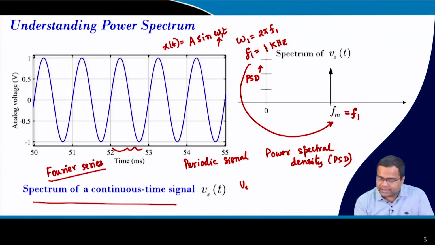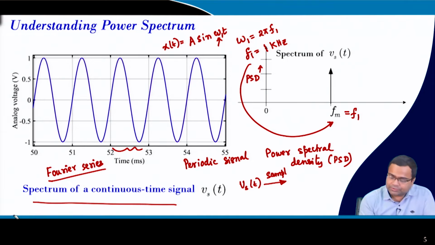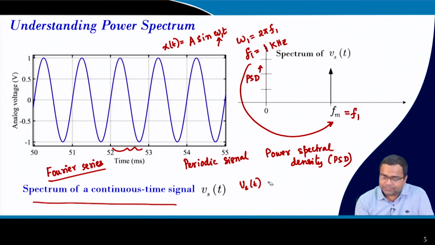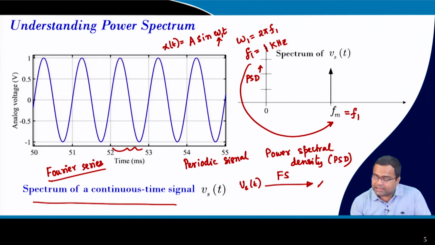Suppose Vs of t, if we pass through a sampler block, sorry, here we are talking about power spectrum, so we are not talking about any sampling. Suppose for this signal, if we apply Fourier series, then what we will get? We will get something like X of k. What is X of k?